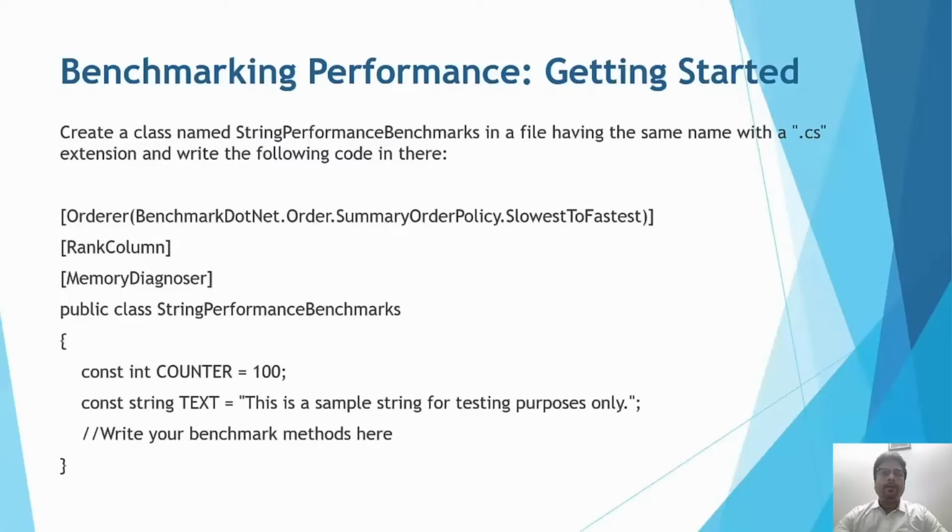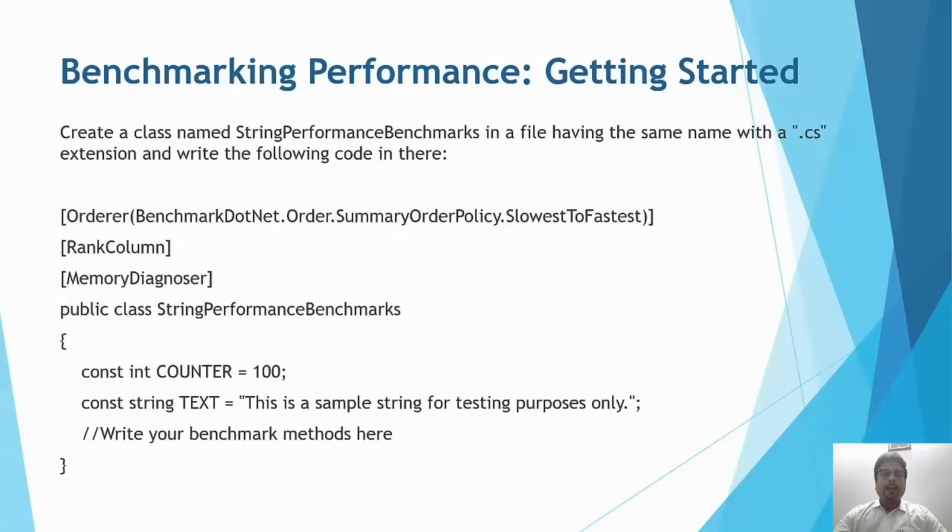Orderer and RankColumn are used for determining the speed of the methods being benchmarked, from the slowest to the fastest in this case. The MemoryDiagnoser attribute is used to get information related to the memory consumption of your snippet of code, in garbage collection cycles, like generation 0 and generation 1.